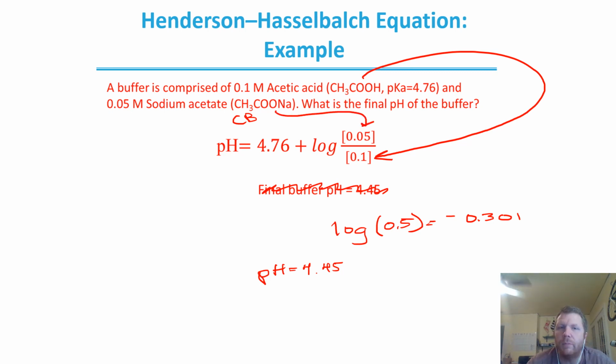I know a lot of people who have gotten thrown off by this sort of question because they see sodium acetate and think, well, where's that sodium acetate coming from? Look back at that formula: it's acetate, CH3COO. That's just my deprotonated form of acetic acid. The only thing is we're using a sodium ion in place of our hydrogen or our proton.